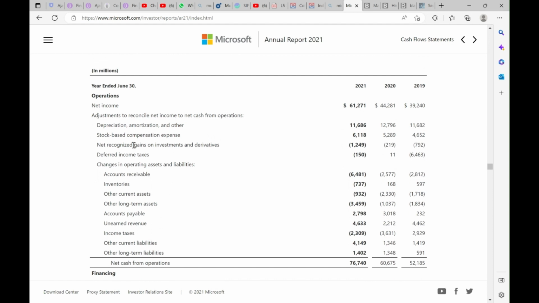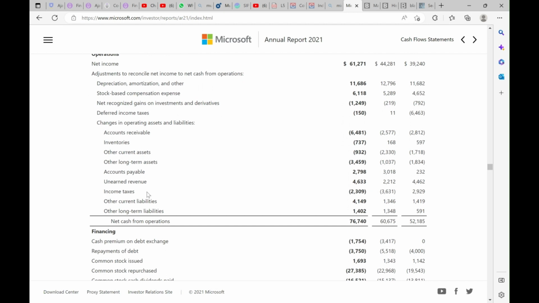So you see it's cash flow for the end of the year, like the net income, how much they had in 2019 is $39 million, $44 million approximately in 2020, and $61 million in 2021. So let's add up the other things like depreciation, amortization, stock based compensation, accounts receivable, inventories, everything to the cash flow.